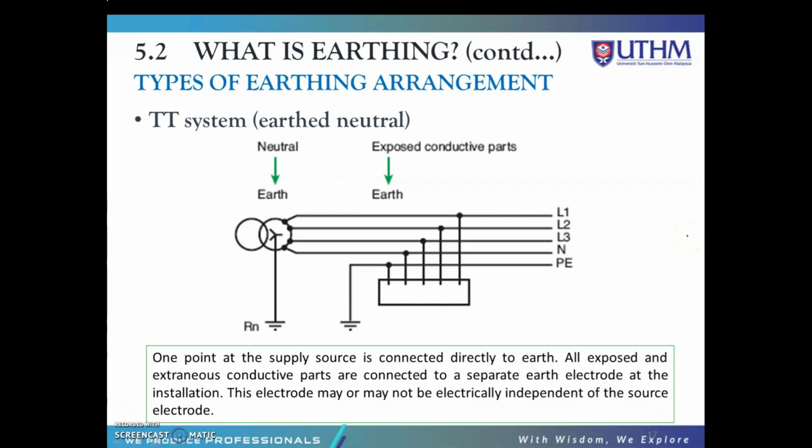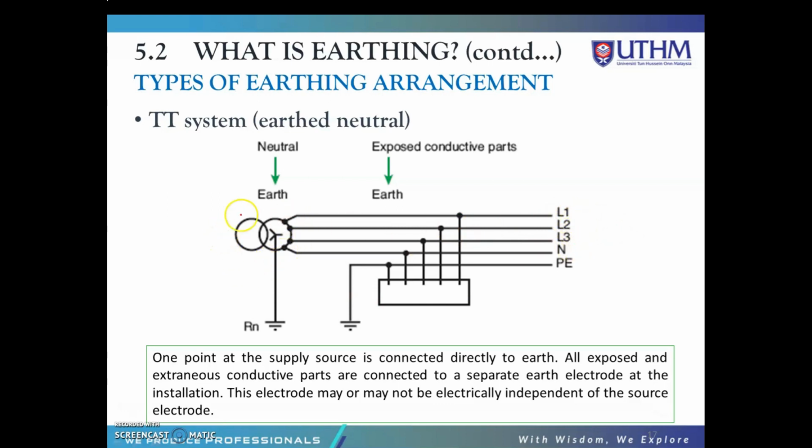Okay, now we continue with the types of earthing arrangement. So normally there are 3 types of earthing arrangement, which are TT, TN and IT. So we will look further into each of these types. Okay, the first one is the TT system, earth neutral. Okay, so from here you can see these are all the conductor lines, L1, L2, L3.